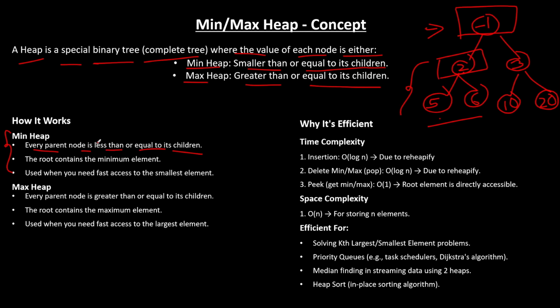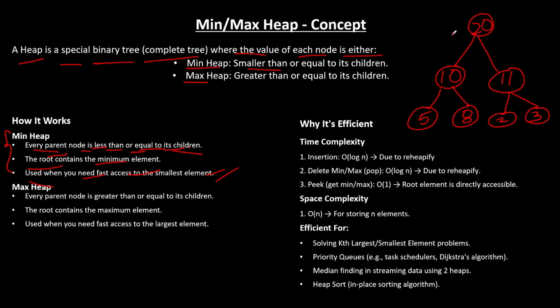That is what is written here: every parent node is less than or equal to its children. The root contains the minimum element, used when you want fast access to the smallest element. So basically, every parent element will be smaller than the children elements, and for the max heap, it will be the opposite. Every parent element will be greater than its children elements.